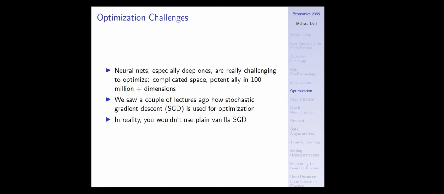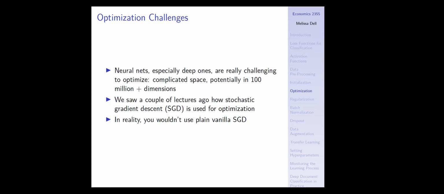And so we saw when we watched the videos introducing deep learning how we use stochastic gradient descent for optimization. Essentially you take your position and then you move by a step equal to the negative gradient times the learning rate, where the learning rate is just a parameter that you've set ex ante that tells you how big of a step you want to take, scaled by the size of the gradient.